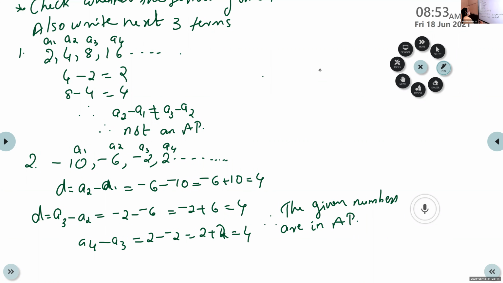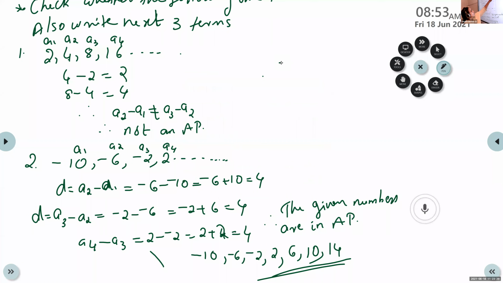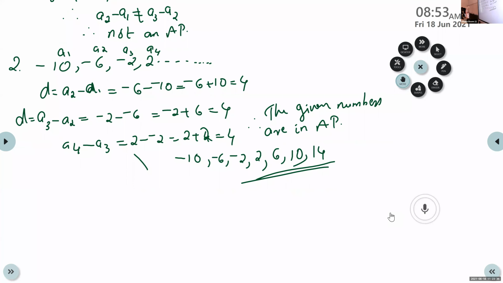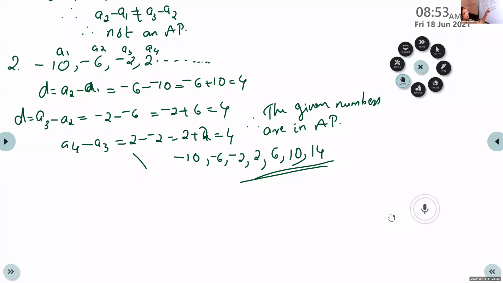Write the next three terms of the list. Up to 2 it was given, so the common difference is 4. So 2 plus 4 is 6, 6 plus 4 is 10, 10 plus 4 is 14.